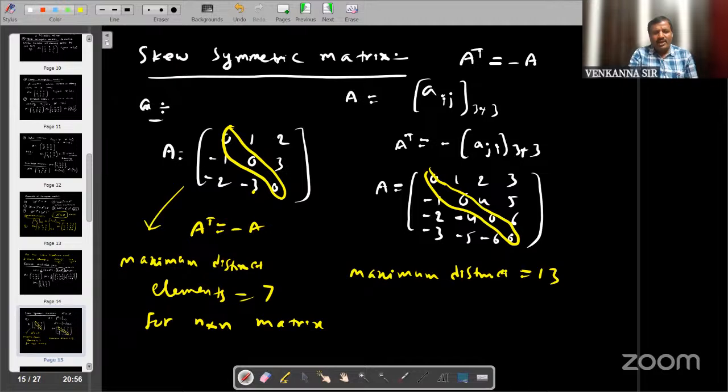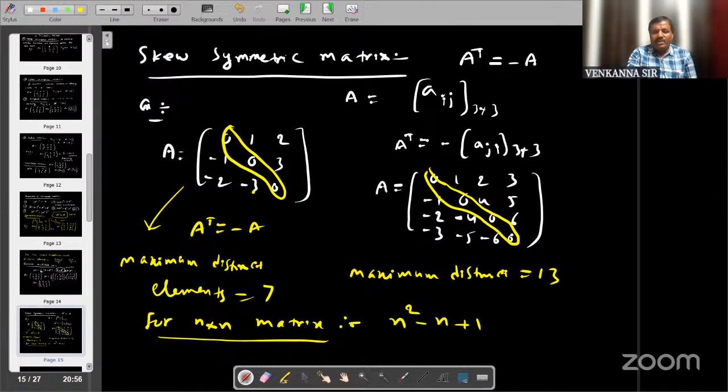Remember, n square minus n plus 1. That is the formula. For 3 by 3, 9 minus 3, 6, plus 1, is 7. For 4 by 4, 16 minus 4, 12, plus 1, is 13. So remember this formula for n by n.